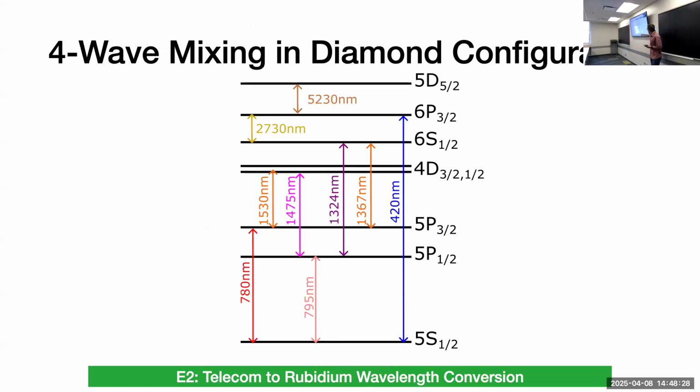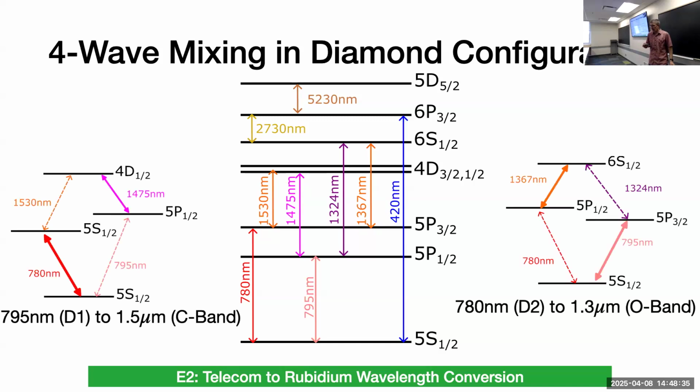So rubidium is not just the 780 and 795 nanometer wavelengths. There's a number of dipole allowed transitions, and they can form these so-called diamond schemes. We're looking at one of these schemes to coherently transform between the two wavelengths 1550 and 795.